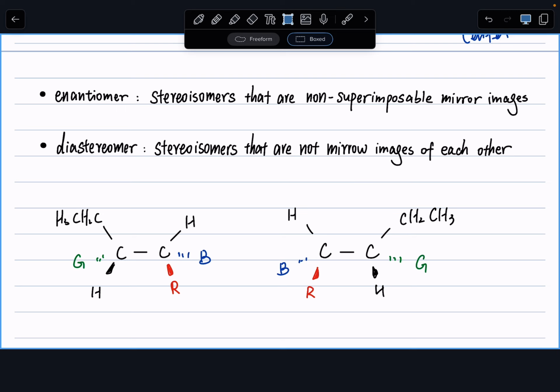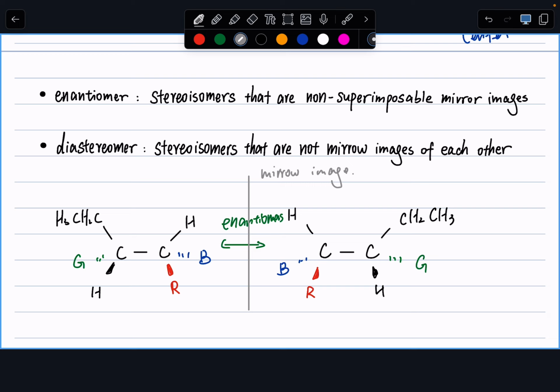Clearly, these two are mirror images of each other, and thus we say these two are enantiomers. Let me put it on the same line, and we can draw a mirror image in between. So enantiomers are stereoisomers that are non-superimposable mirror images of each other.